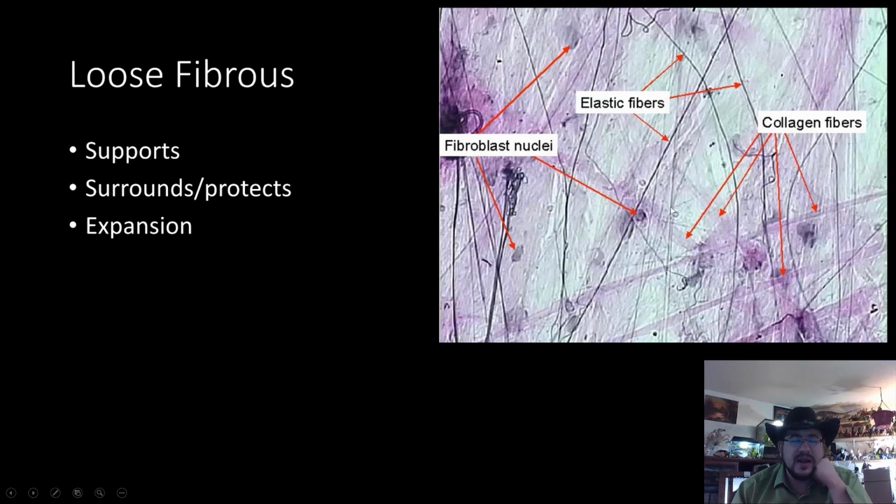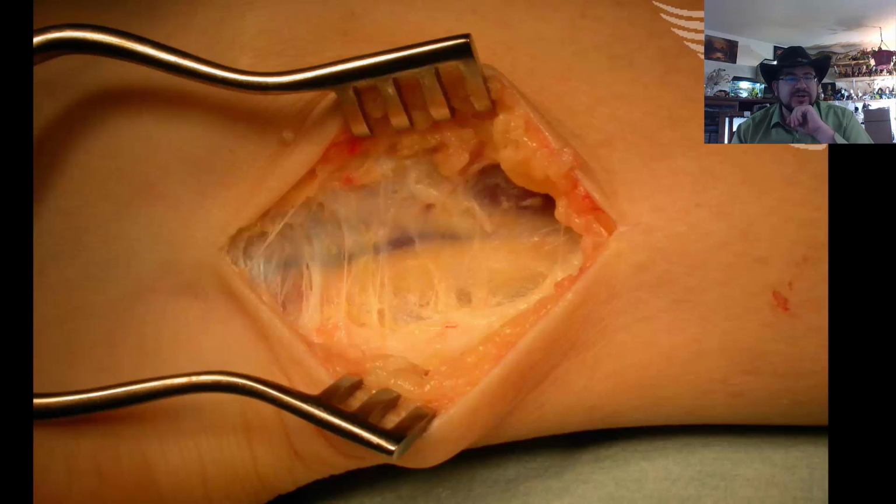So it supports tissues and organs. It surrounds and protects them. And at the same time, the elastic fibers allow for expansion of malleable, flexible tissues or organs that can expand and contract.